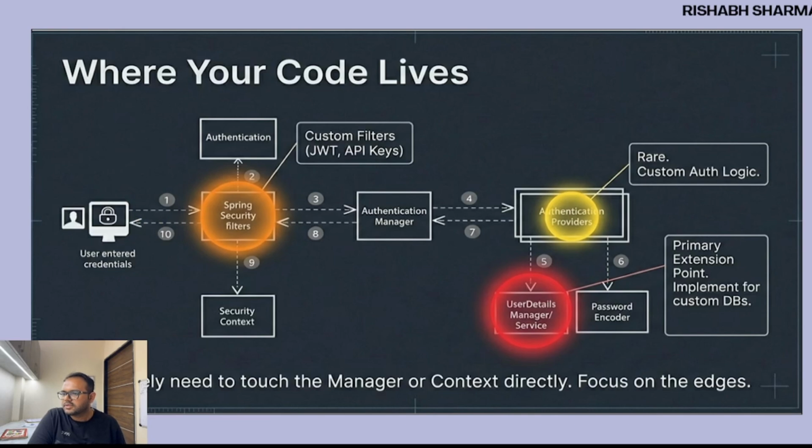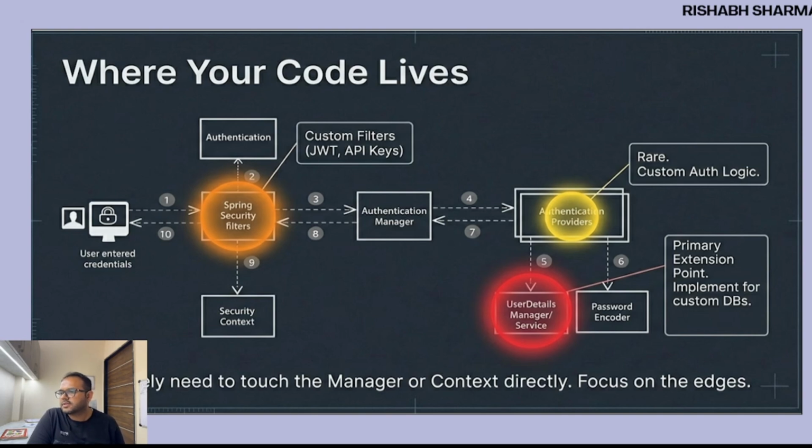Basically here I have mentioned where we focus inside this flow, where we need to write most of the logic inside Spring Security.